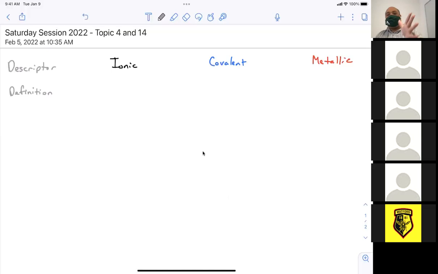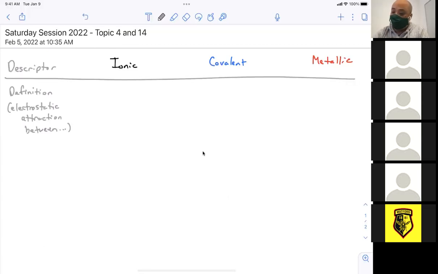Now, every definition of bonding starts with electrostatic attraction between. So each of these definitions starts with electrostatic attraction between. I'm going to put that over in the descriptor so you don't have to write it a bunch of times here for each one. That'll save you a little bit of space as well. Okay.